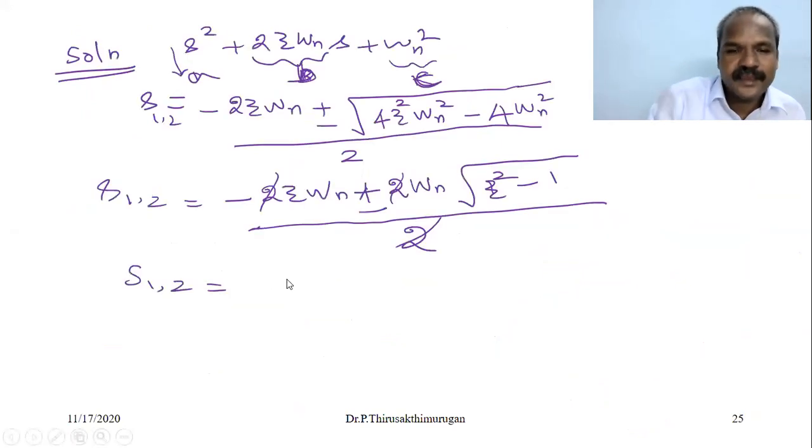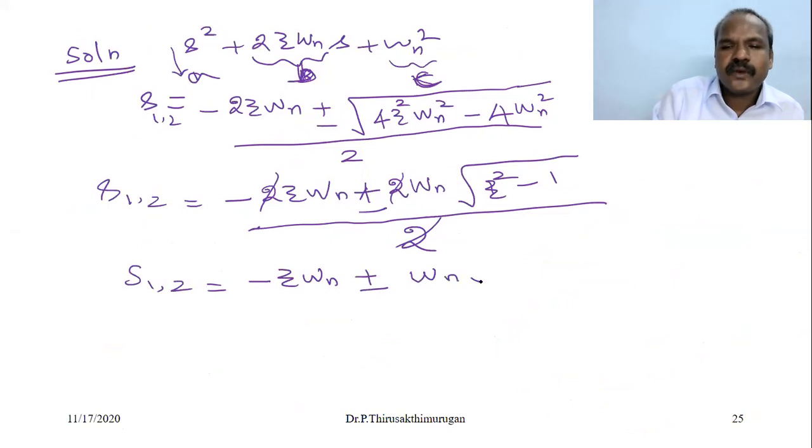We can modify this equation as minus zeta omega n plus or minus omega n square root of minus, I am taking minus as a common term, 1 minus zeta square.